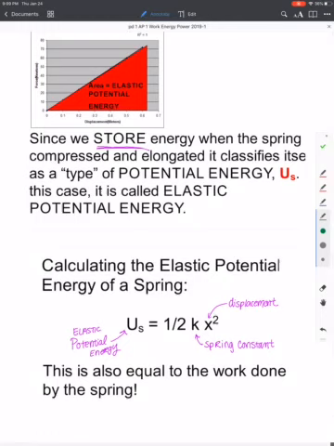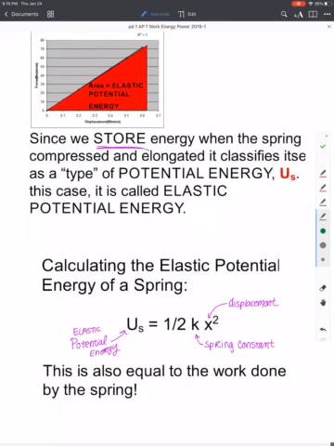The way we calculate it, as in our pre-lab packet, is one half k x squared, where k is the spring constant, x is our displacement, and U sub s is our elastic potential energy. This would be equal to the work done by a spring.